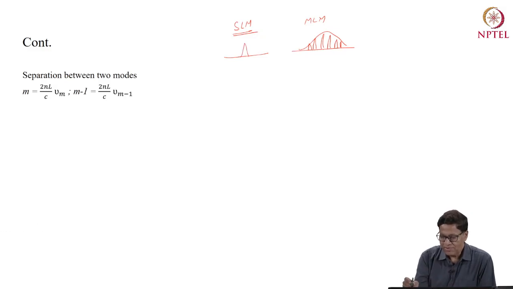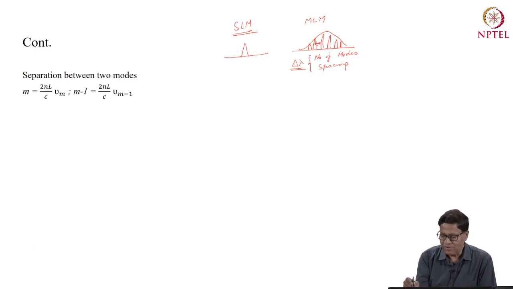If I want to find the spacing between these two modes, and I know the spacing and the number of modes, then I can find the delta lambda, or the spectral width of the laser diode.